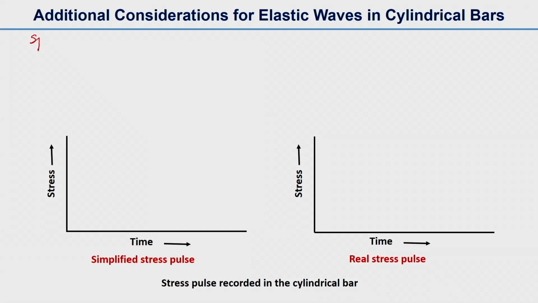So we are discussing additional considerations for elastic wave propagation in cylindrical bars. This is important for split Hopkinson pressure bar experiments, which is the most widely used experiment for dynamic material testing.